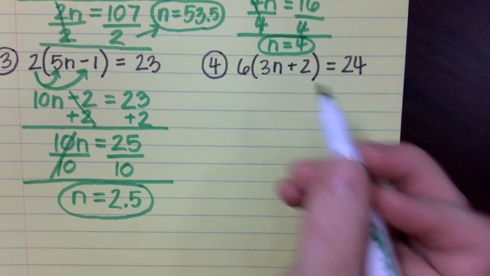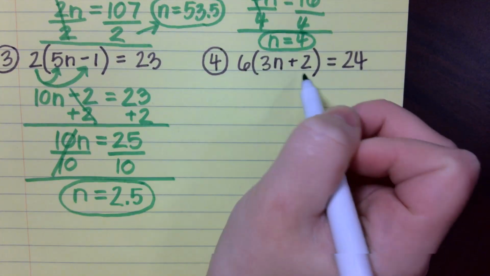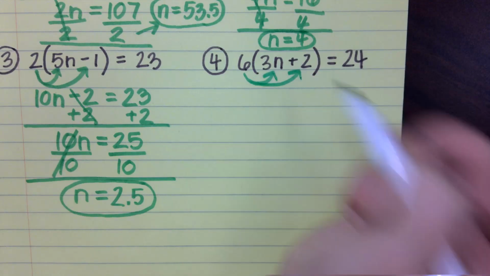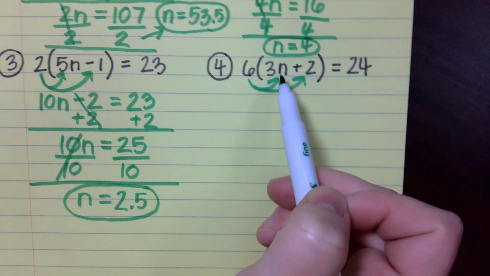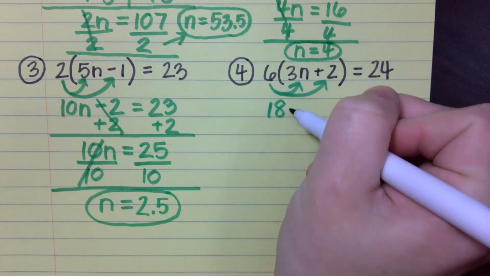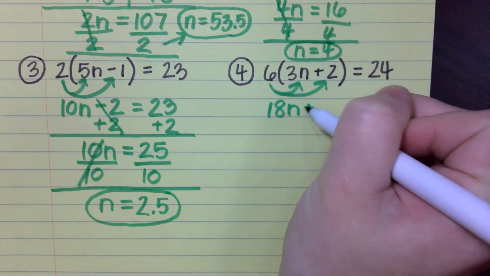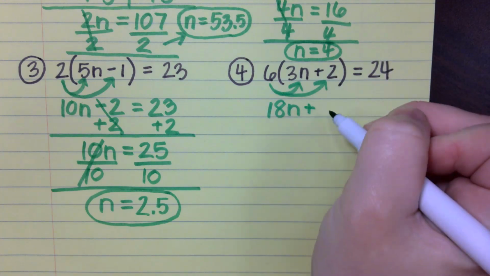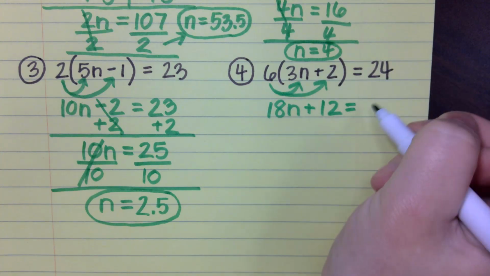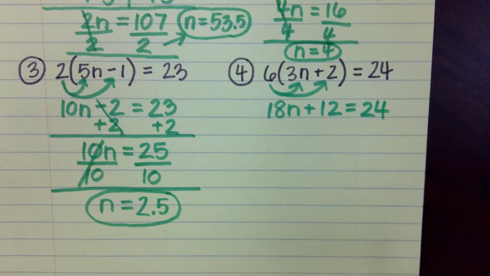So if you were distributing 6 into 3n plus 2, we would draw our arrows. And what is 6 times 3n? 18. Good. 18n plus, what's 6 times 2? 12. And then we just bring down our equals 24.